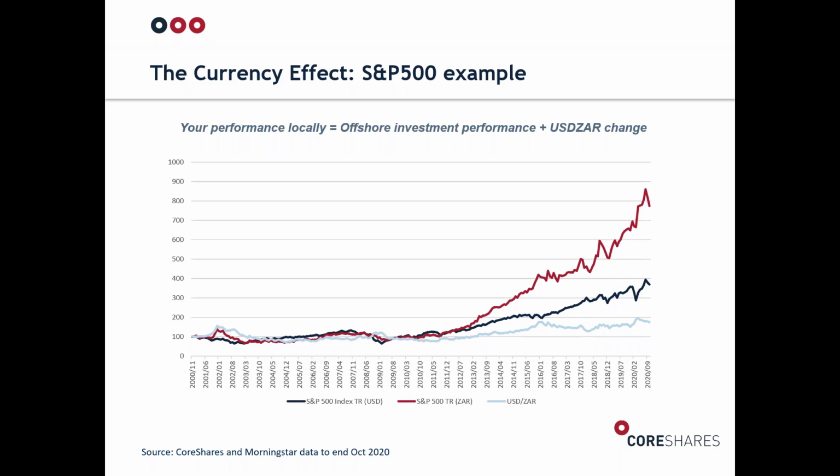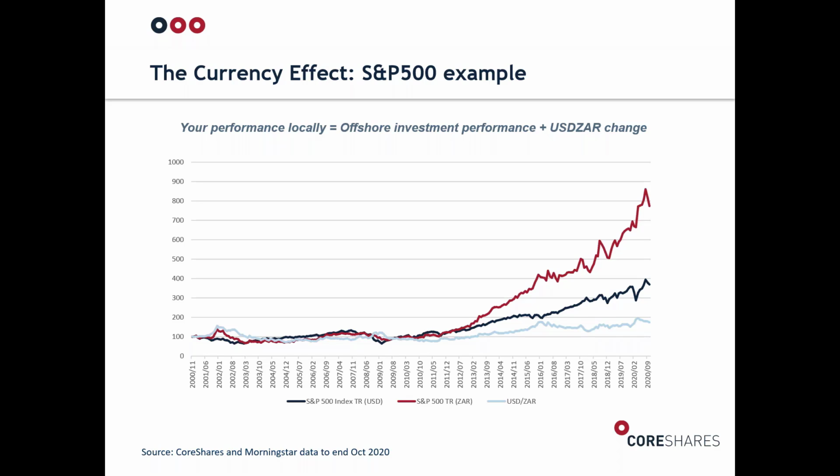Just to give you an illustrated example of how that plays out, here is a very long 20-year history since 2000. The S&P index on its own is the navy blue line. That's what the US stock market, the 500 biggest companies in the US, how their performance looked. Then this pale blue line is the USD ZAR, and the dark red line is how that looks for me as a ZAR-denominated investor.